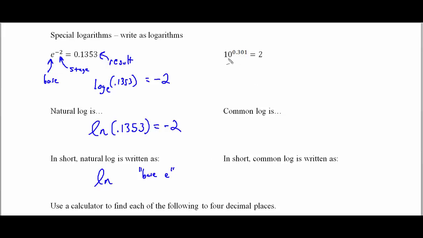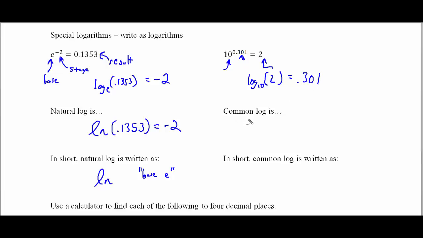Now, on this side, where we have our base as 10, so this would be log base 10, this would be the stage right there, and this is the result. The result is going to be my 2 right there, and this is going to be equal to 0.301 or 301 thousandths.